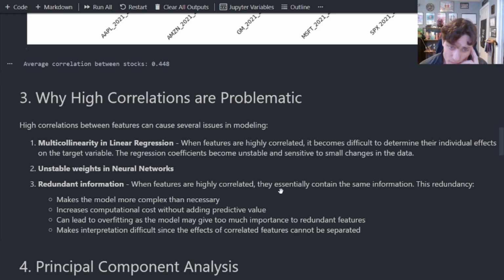Well, in a regression setting, when features are highly correlated, it can be difficult to determine individual effects. So in other words, when Amazon increases and has a high correlation with Apple, those are contemporaneous. Which one caused which one, and which one caused the response variable to change in this way? We don't actually know.